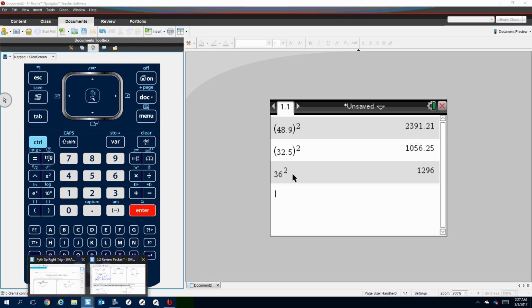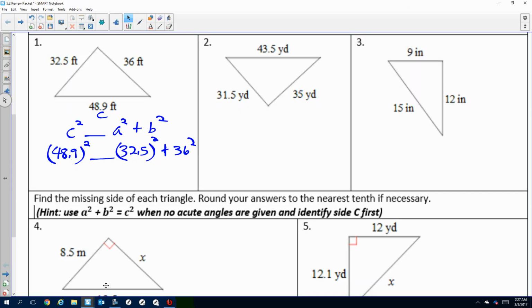So we know that our c squared ends up being 2391.21, okay? And we're comparing that to the sum of the other two legs. We had 1056.75 plus 1296, okay?